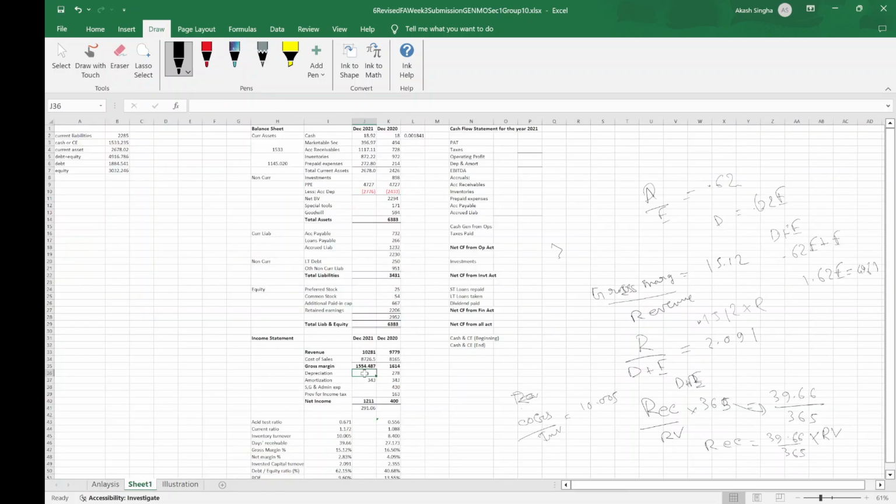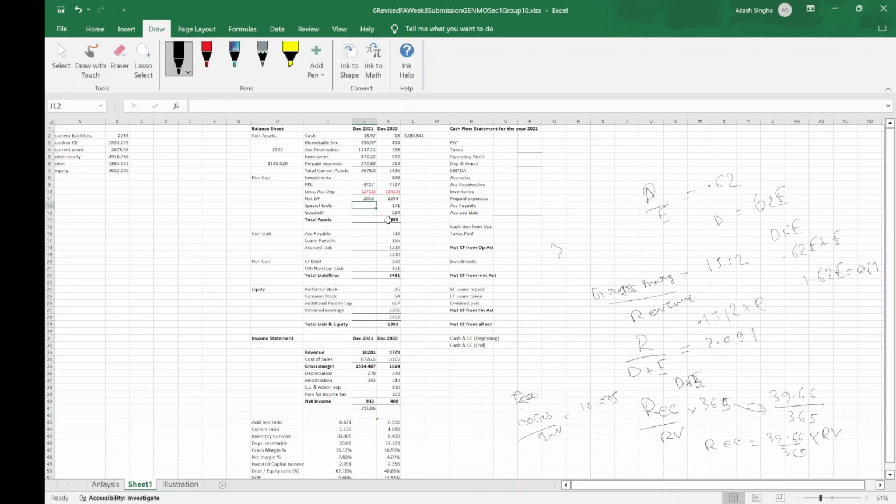Okay, sorry, 278. Now net book value should be this minus this. Sorry, plus, it's positive.